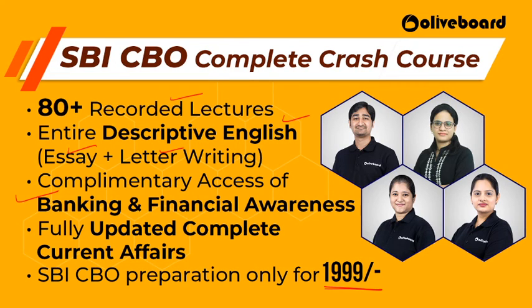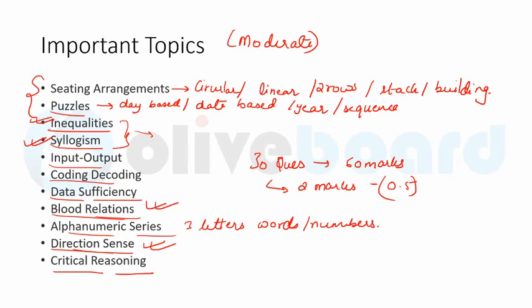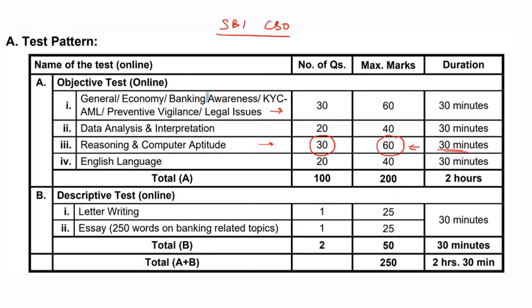So I hope everybody is clear with the topics here, and you are clear with the schedule and the test pattern. There is no sectional cutoff, guys, remember, but there is a sectional timing for each of these sections, right? Reasoning is 30 questions, 60 marks, so 2 marks each.